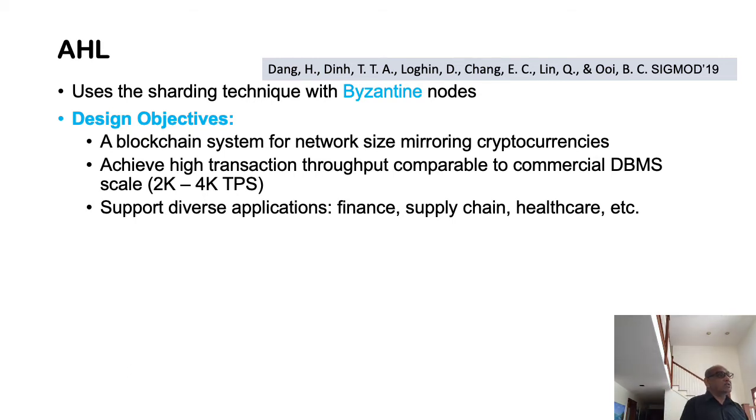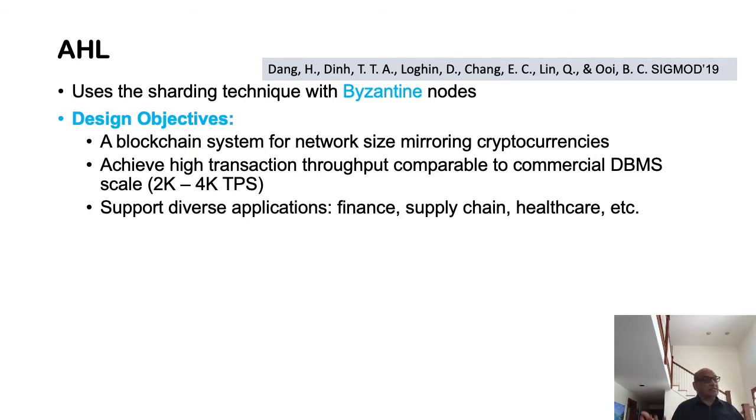The next goal they have is, in contrast to cryptocurrencies, which have very low transaction throughput, to achieve a high transaction throughput that is comparable to commercial DBMS technology.